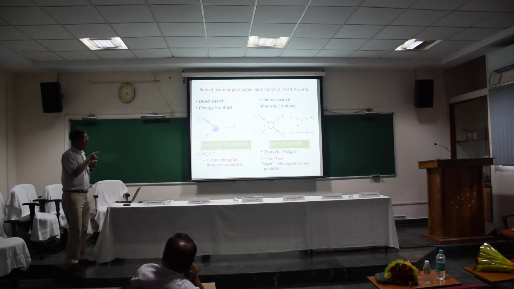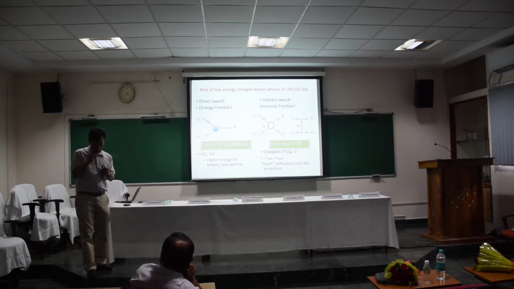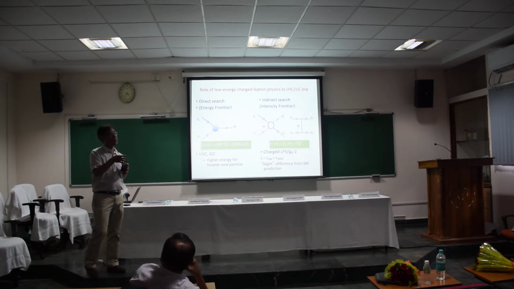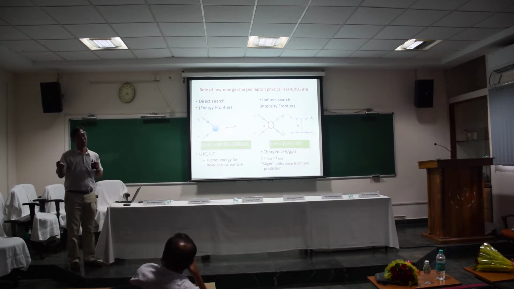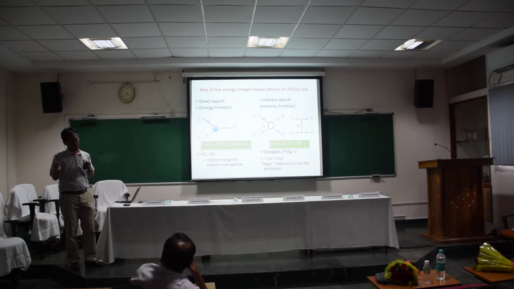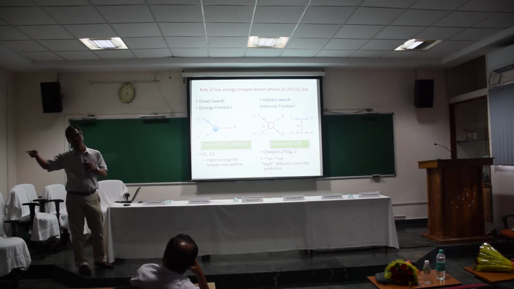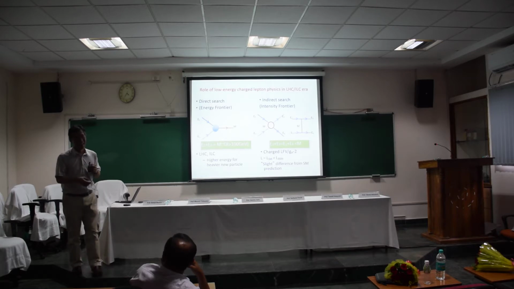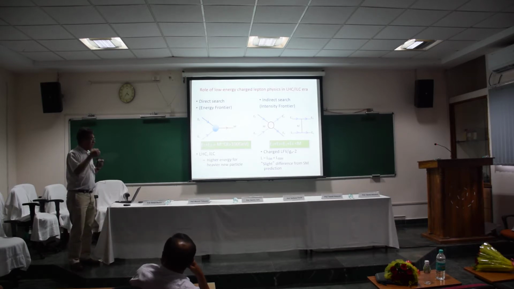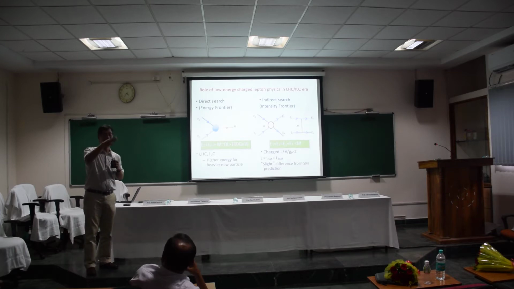The other way of sterile neutrino search is the appearance of a different type of neutrino through sterile neutrino. Once a muon neutrino goes to sterile neutrino and goes back to electron neutrino, that type of experiment may suffer less from the absolute normalization.